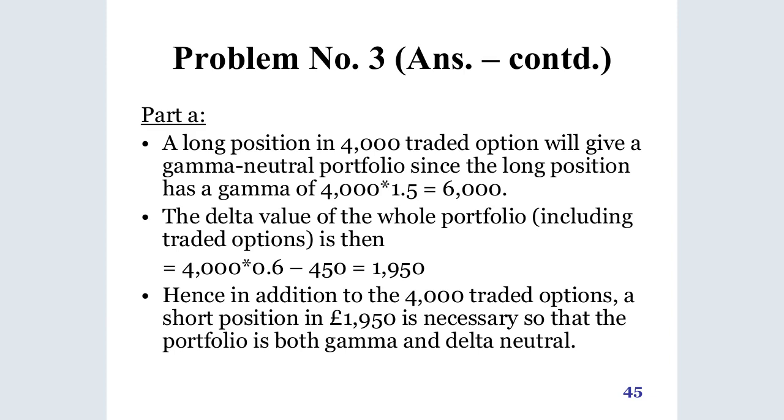So in addition to buying 4000 traded options, you would need to create a short position in 1950 sterling so that it is both gamma and delta neutral. That short position in sterling of 1950 will cancel out in the event of a movement, and the delta is neutralized, so you get a delta gamma neutral position.